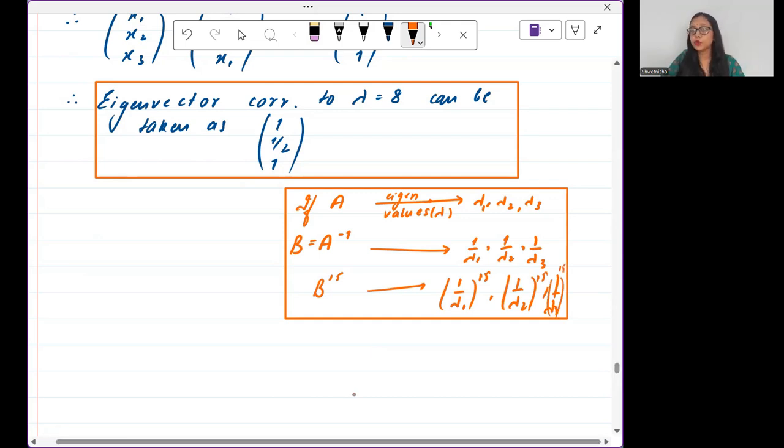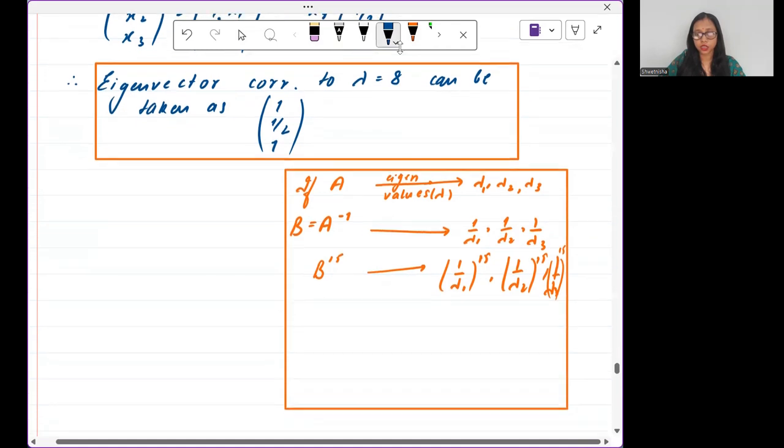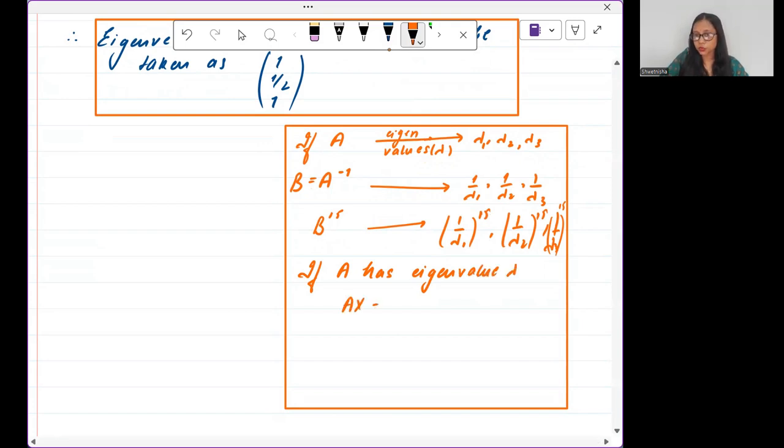All right. This you can prove in general also. In general, if A has eigenvalue lambda, so Ax = lambda x, right?